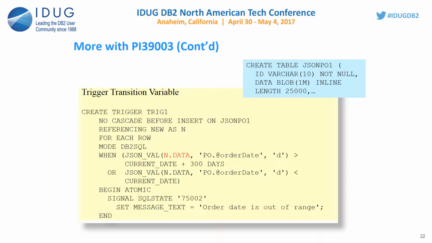Question: is there some strategy you can use if you know certain combinations are more likely to be what you query on? If you have a choice over making the JSON document shape, can you put certain key value pairs earlier in the document?